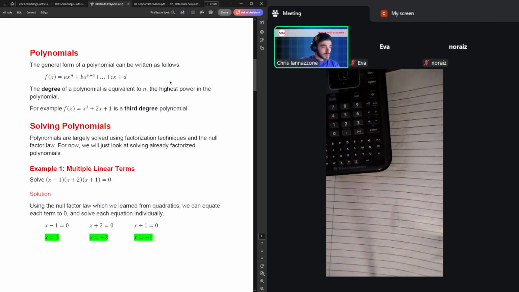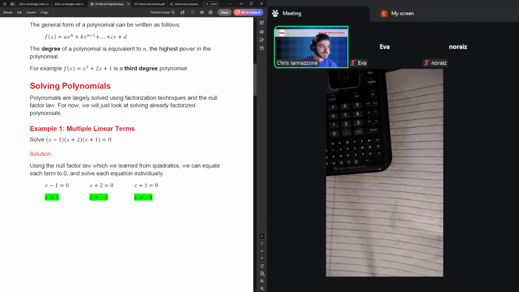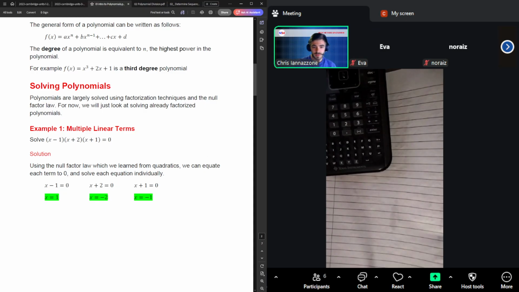As for how we solve polynomials, anything beyond a quadratic, and even quadratics included, you'll typically want to factorize. Now, I tried to exclude quadratics there simply because you do have stuff like the quadratic formula and completing the square as secondary options for solving those.